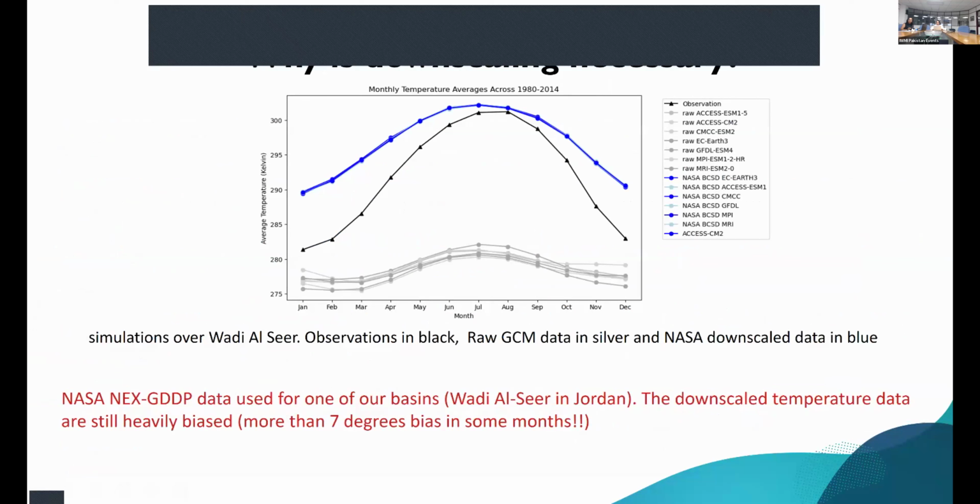As shown here in the figure for Wadi Sir in Jordan, the downscaled temperature data from NASA GDDP, the blue line, still shows a bias of more than 7 degrees Celsius in some months, when compared to observations, the black line.